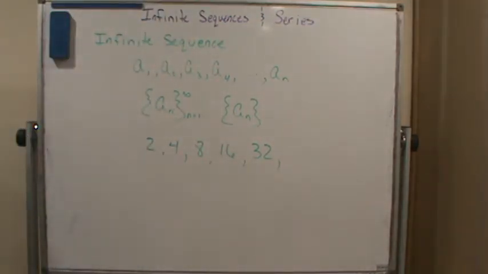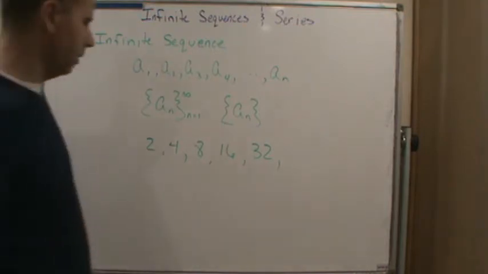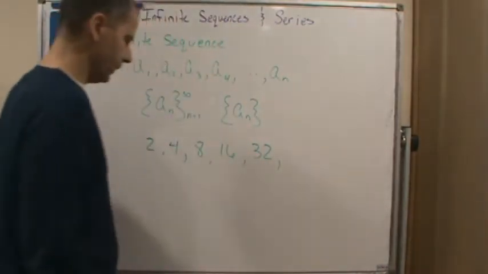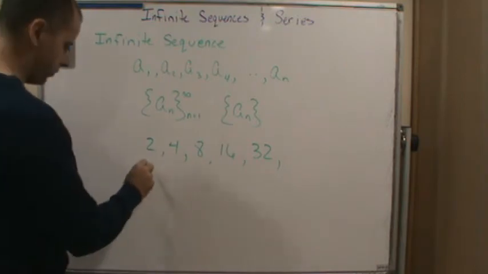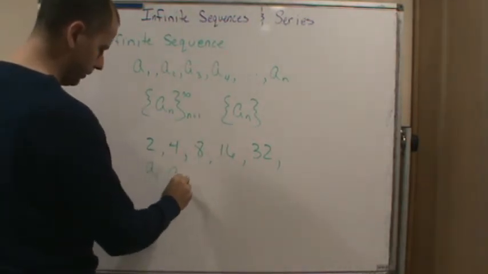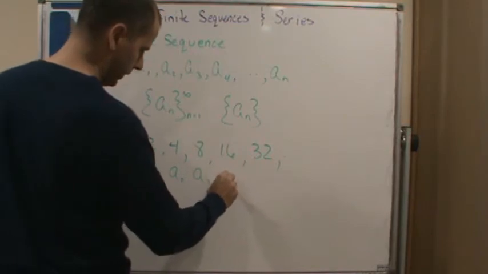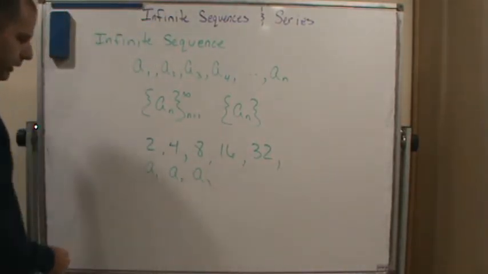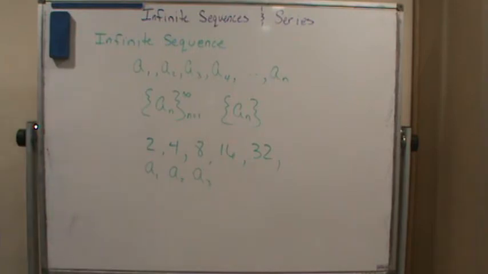So this would represent a sub 1, a sub 2, a sub 3, and so on. What can we see that's going on with this sequence of numbers? a sub 1 is 2, a sub 2 is 4, a sub 3 is 8, and you can probably see the pattern already.